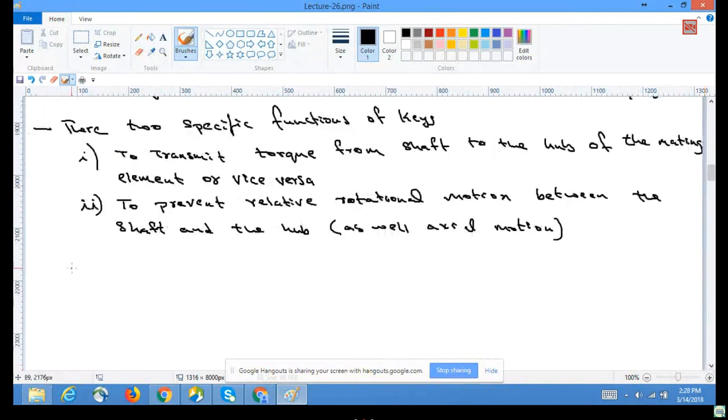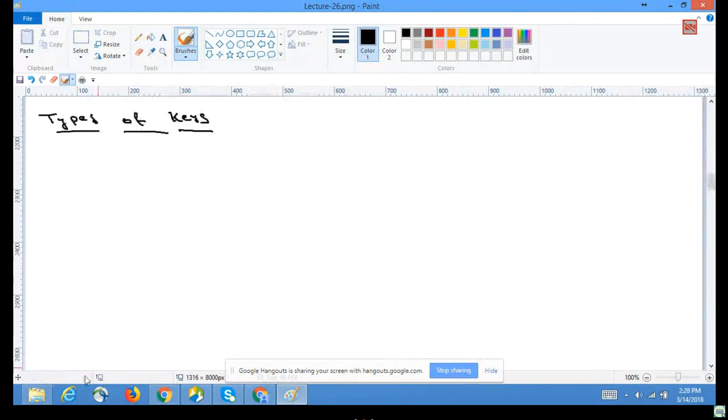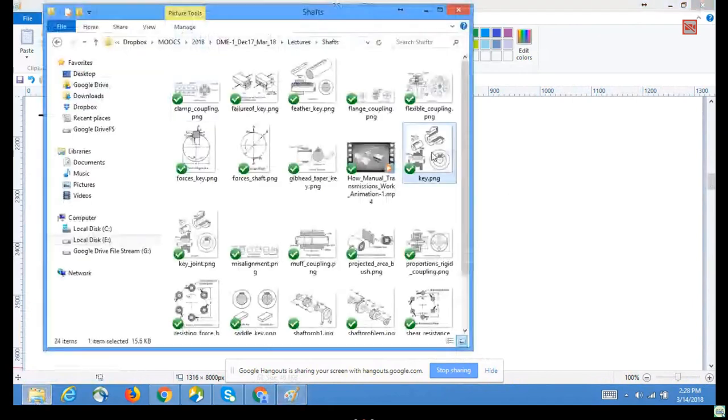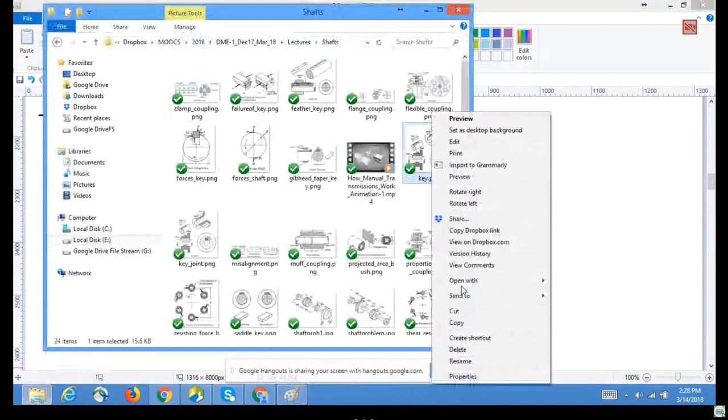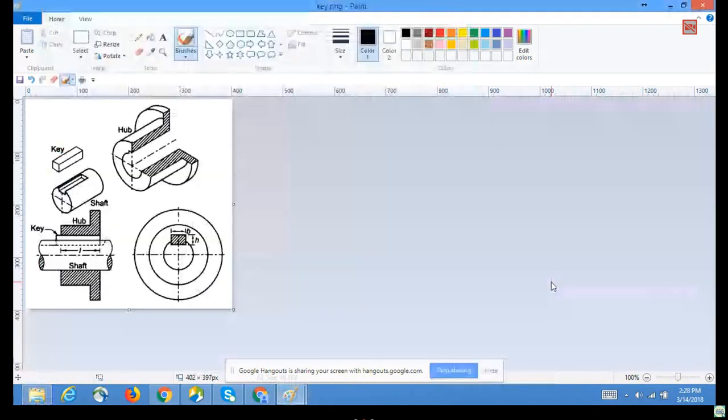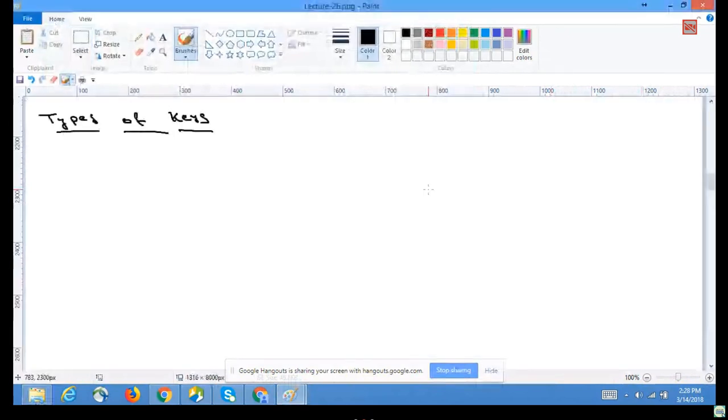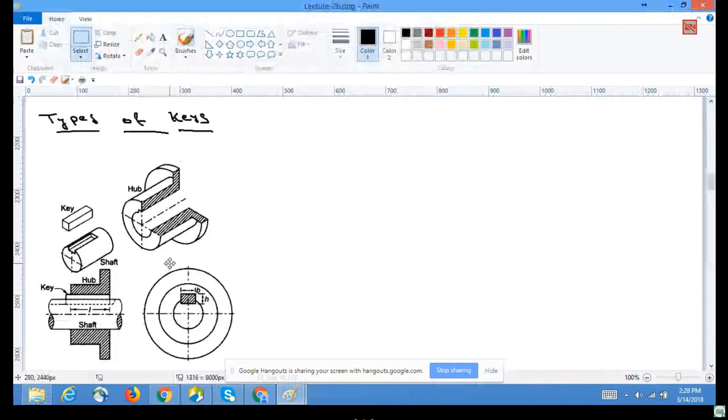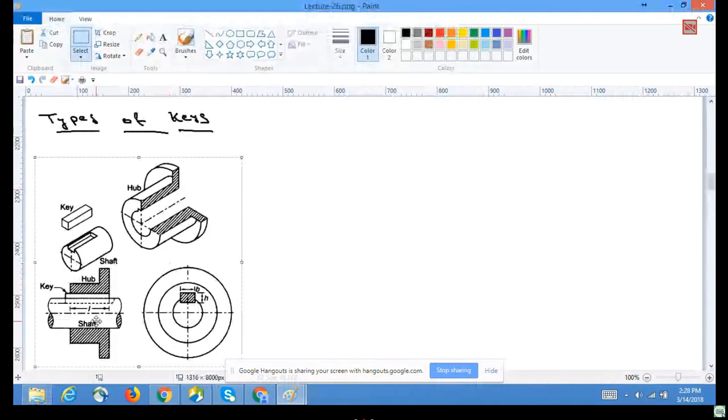Then there are types of keys. So before that, let us have a look at how the key looks like. See, this is the shaft and this is the hub, and these two are joined together with the help of the key that is sitting on it.